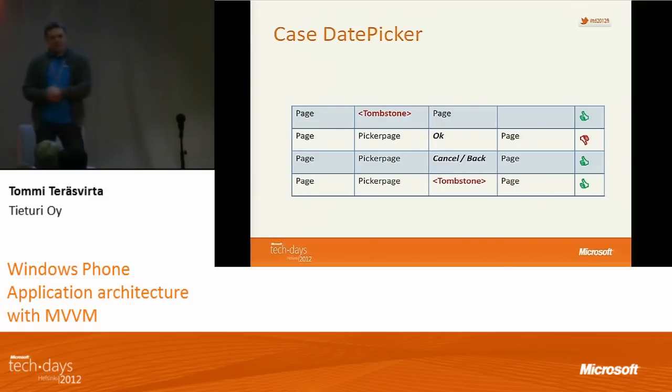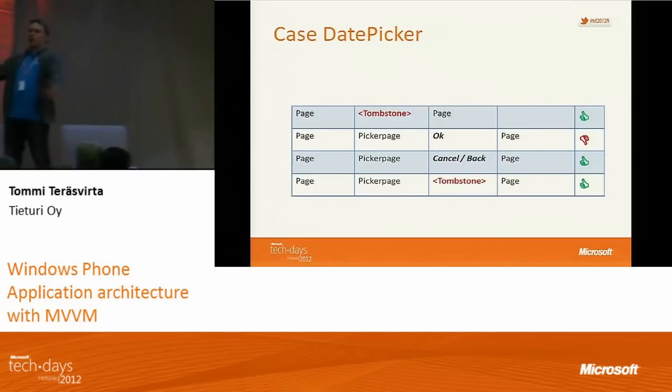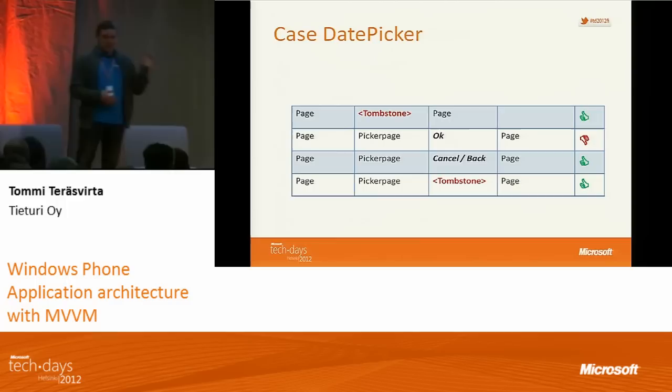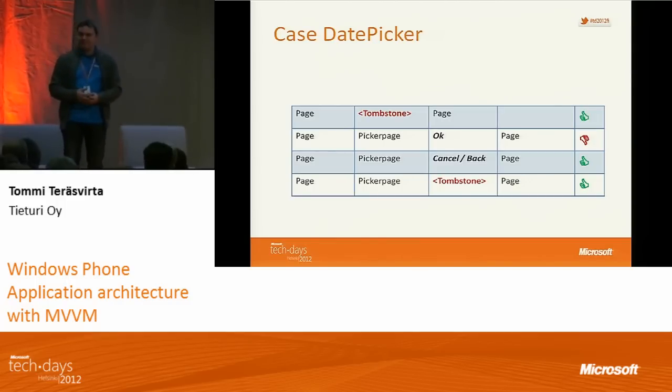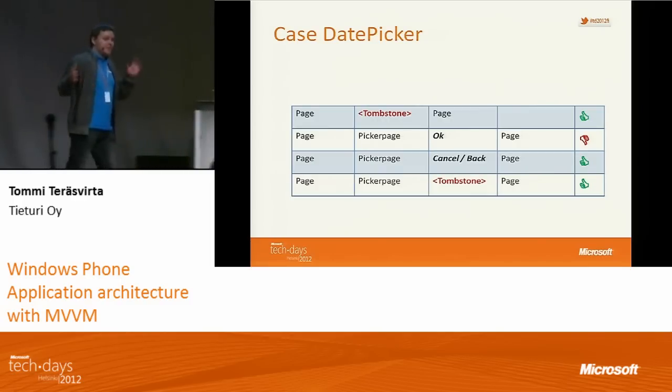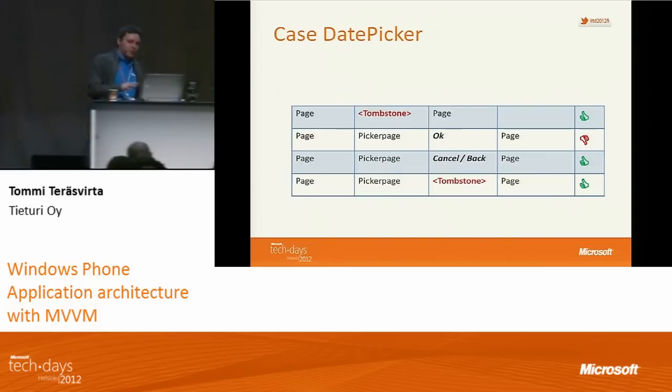And if you use MVVM and just reload everything from the state dictionary, for example, you just reload the date that was there before you modified it. That's not only with MVVM, but with MVVM that's what typically happens pretty much always.